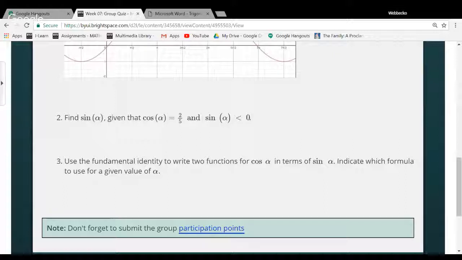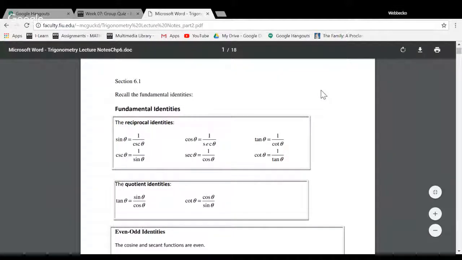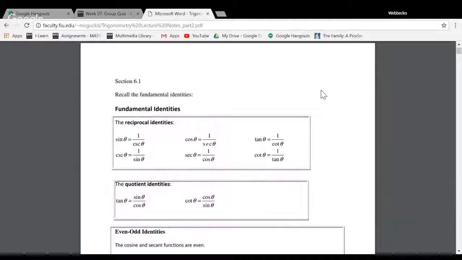Correct. And so if we convert that, tangent equals, is it sine over cosine or cosine over sine? Let me check. I want to say it's sine over cosine. Yeah, sine over cosine.